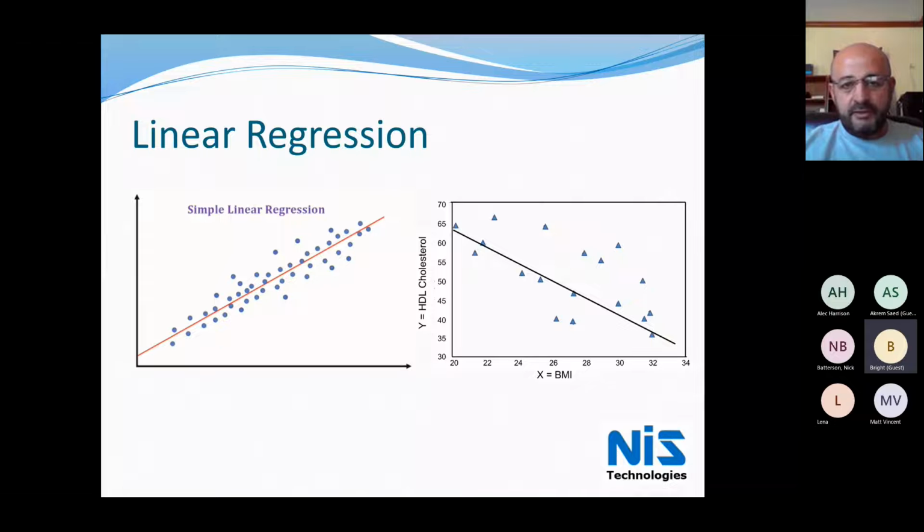Obviously, there are a lot of other factors, but for the most part, the larger the home, the bigger the price. Vice versa, you can also have linear regression that is inversely proportional, where, for example, you have BMI and good cholesterol. As your BMI rises, your good cholesterol drops. That's also a pattern that the machine learning model could pick up on.